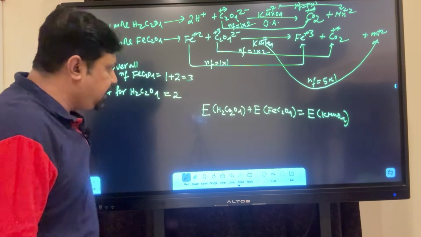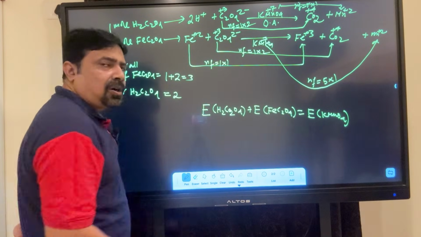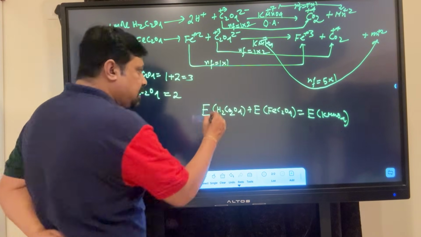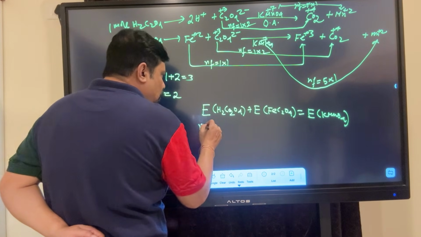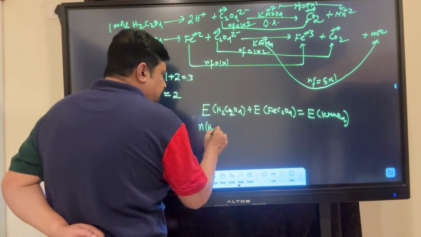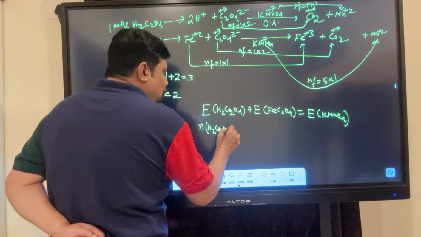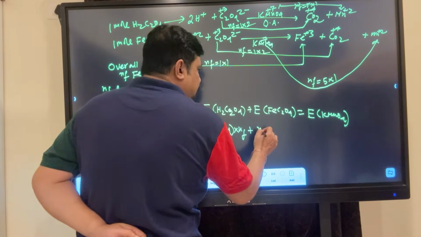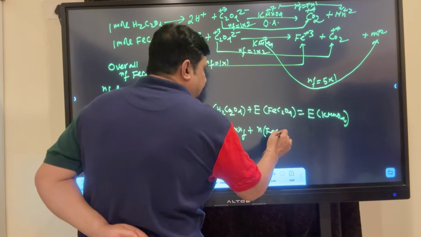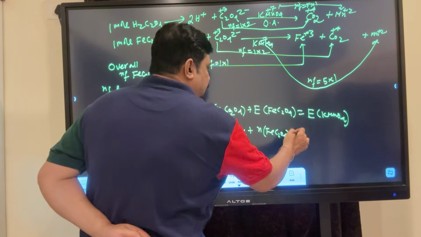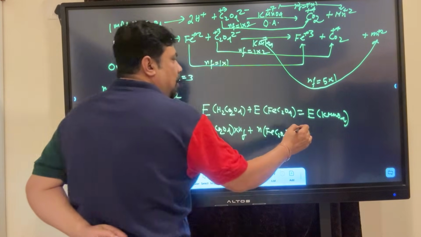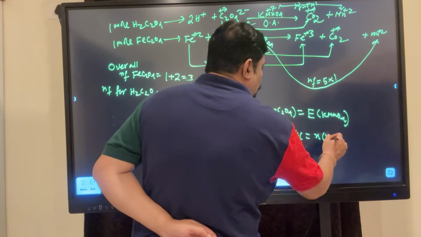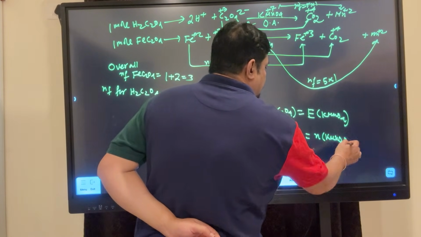Now we know equivalence equals number of moles into N factor. So the number of moles of oxalic acid into the N factor of oxalic acid, plus the number of moles of ferrous oxalate into the N factor of ferrous oxalate, equals the number of moles of KMnO4 into the N factor of KMnO4.